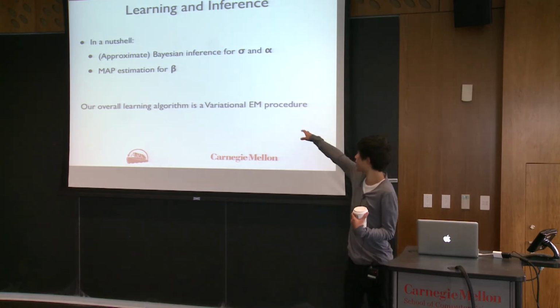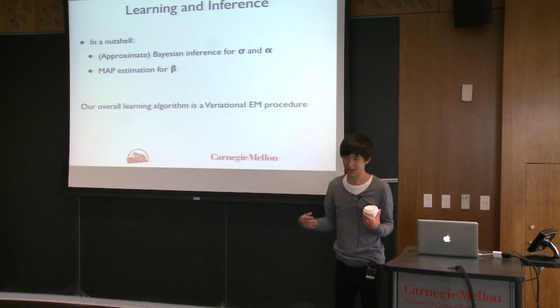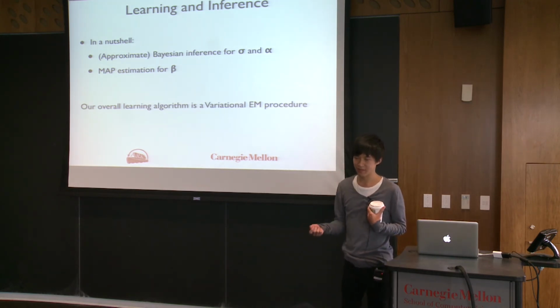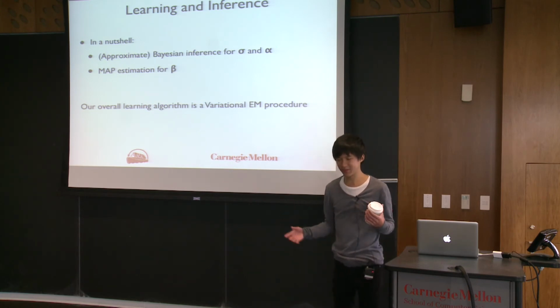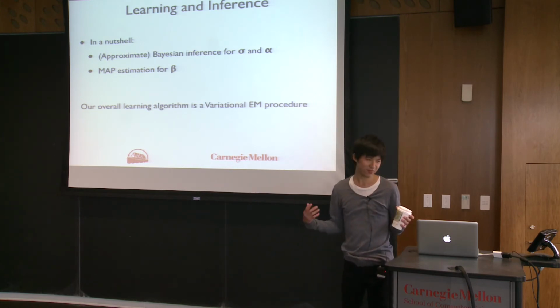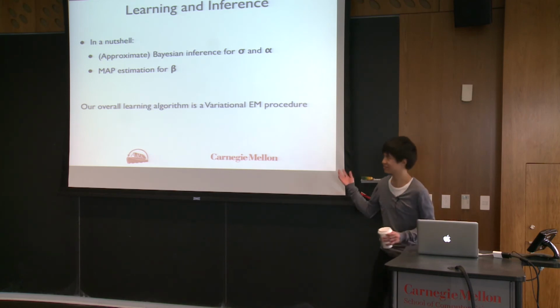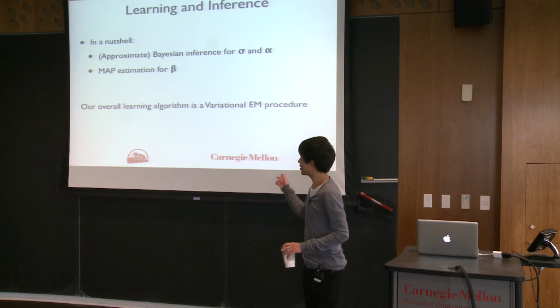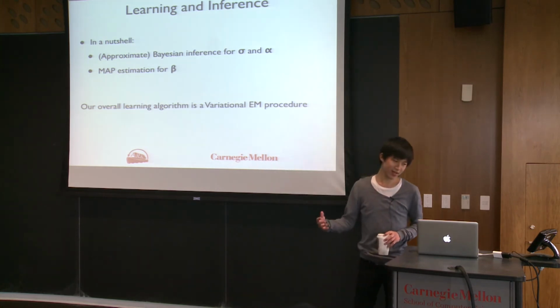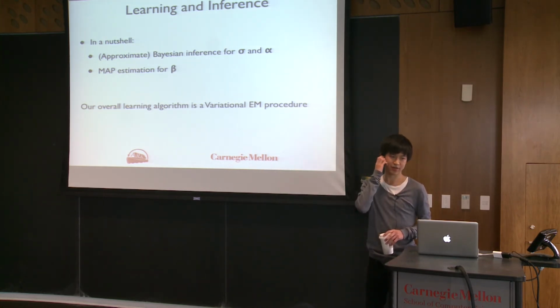We are doing Bayesian inference for sigma and alpha, and we're going to maximize beta. This is important: unlike Bayesian regression, we don't marginalize out beta because it would be very hard. I think it's just messy, and usually this gets better results. So we perform point estimates for beta, but marginalize sigma and alpha during inference.